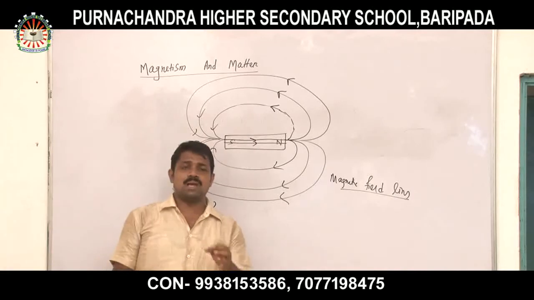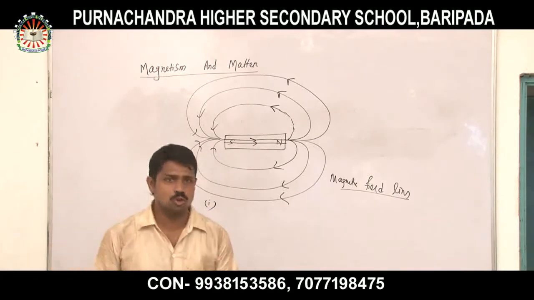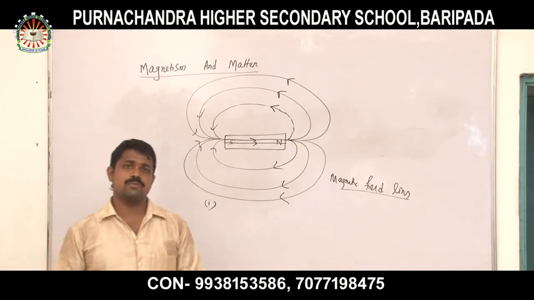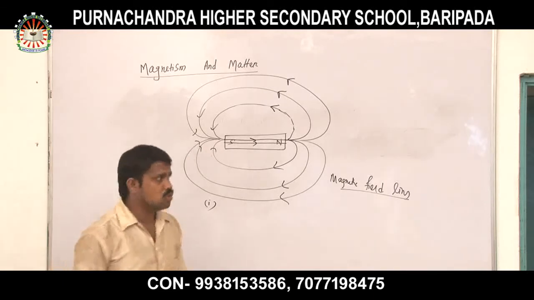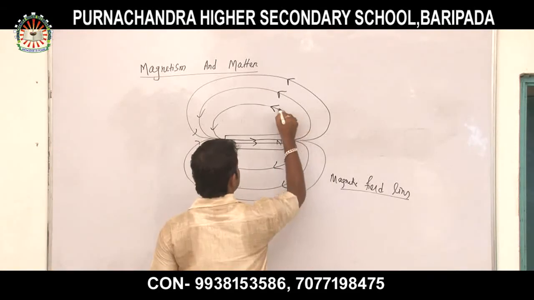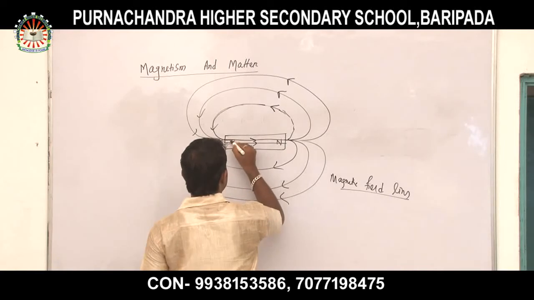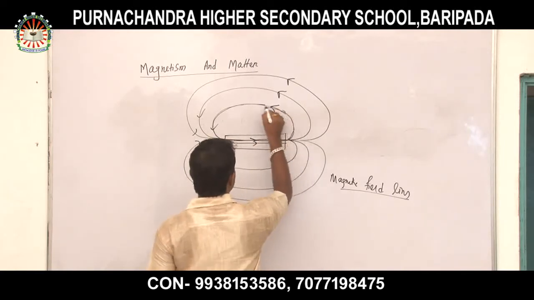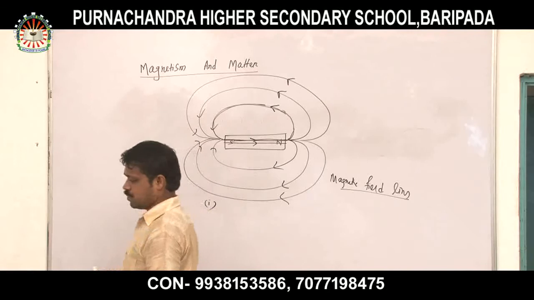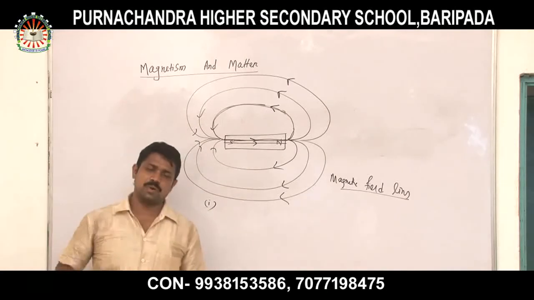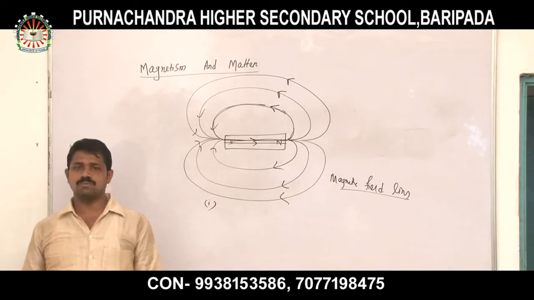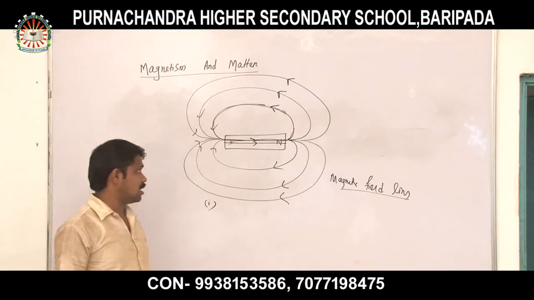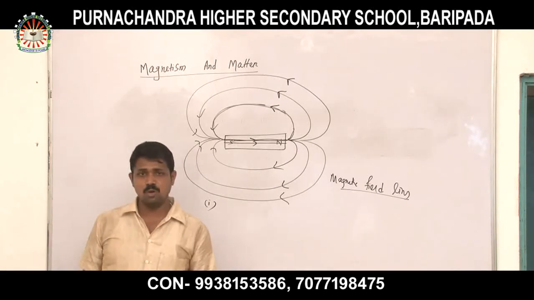That's why the magnetic field lines form a closed loop. Look here, the magnetic field lines are generating from here, and outside the magnet they move again, so they are forming a closed loop. Understood? So this is the first property: the magnetic field lines form a closed loop.